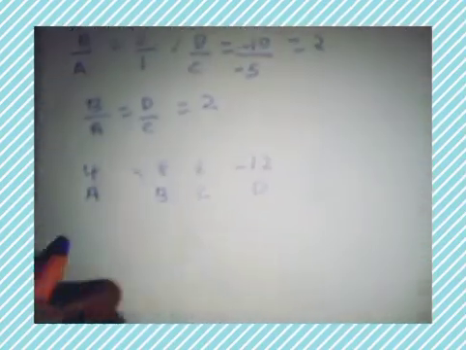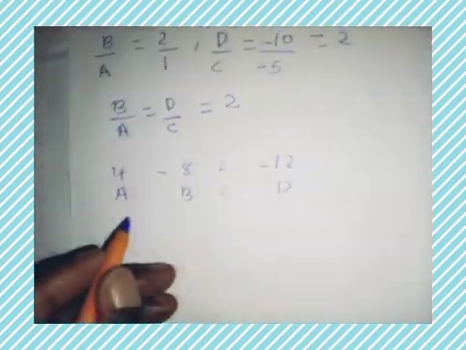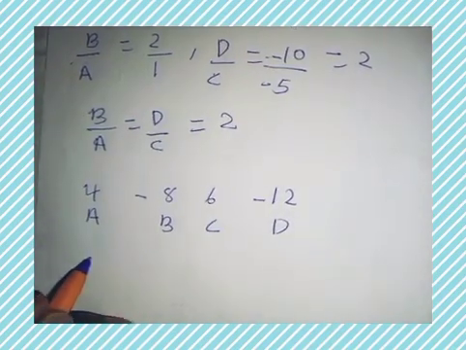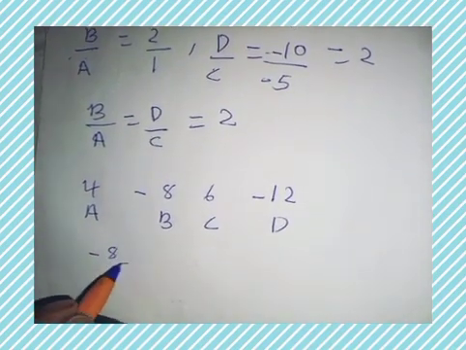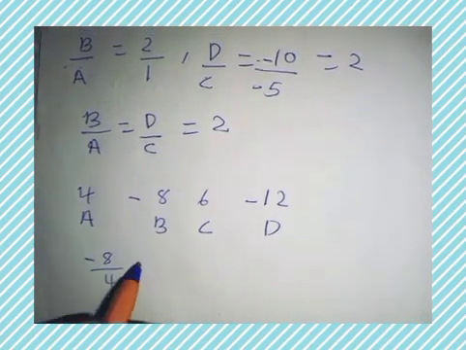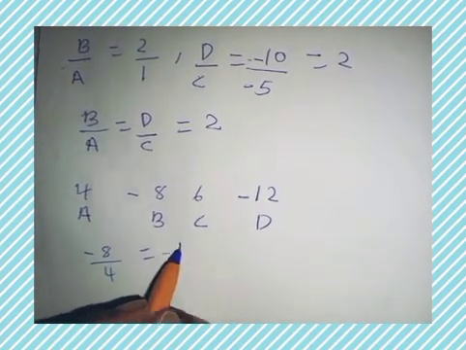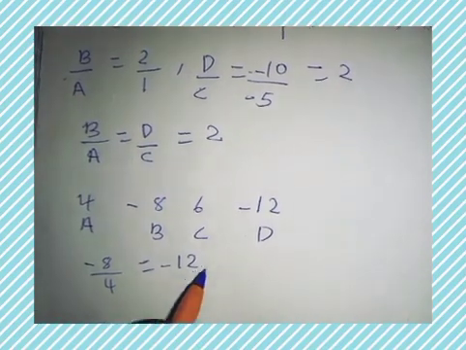So we want to see our ratio. Negative 8 over 4 is equal to negative 12 over 6.